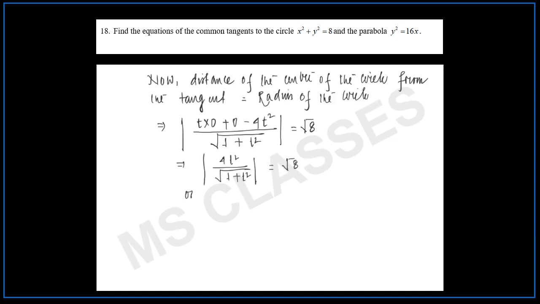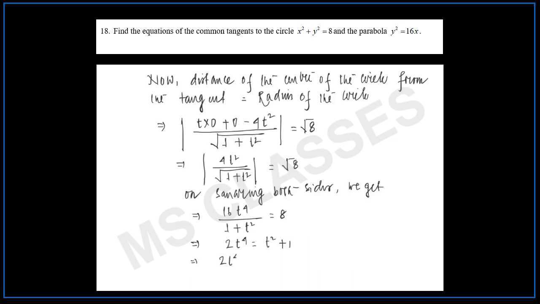Now on squaring both sides, we get 16t to the power of 4 by 1 plus t square equal to 8. Now 2t to the power of 4 equal to t square plus 1. Now this 2t to the power of 4 minus t square minus 1 equal to 0.